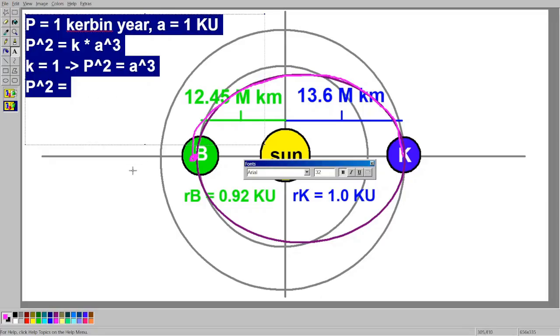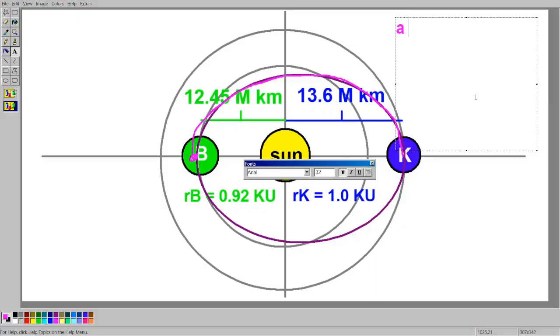Okay, let me just cut that. So the semi-major axis of this Hohmann transfer orbit is calculated by getting the periapsis and the apoapsis, summing them together and dividing by 2. So basically averaging them. So what is the periapsis?